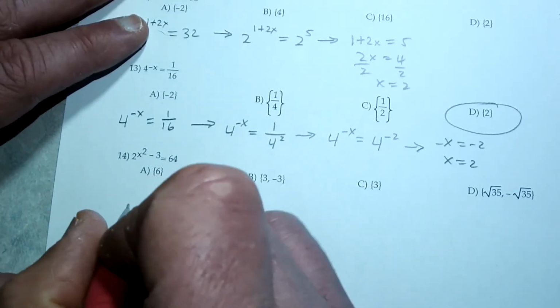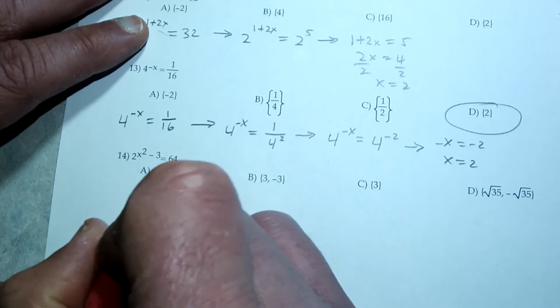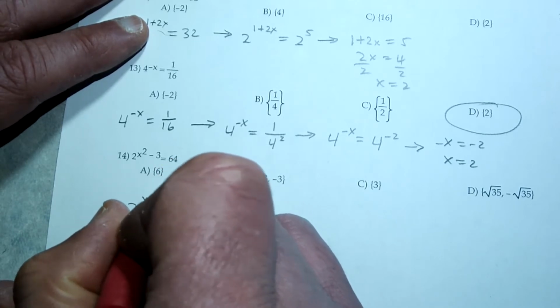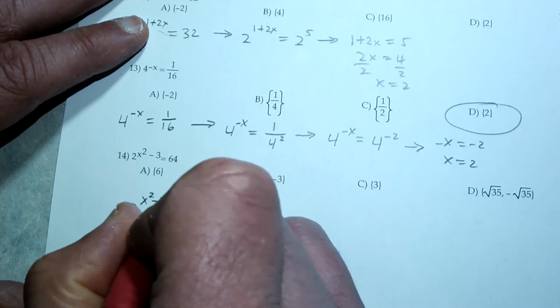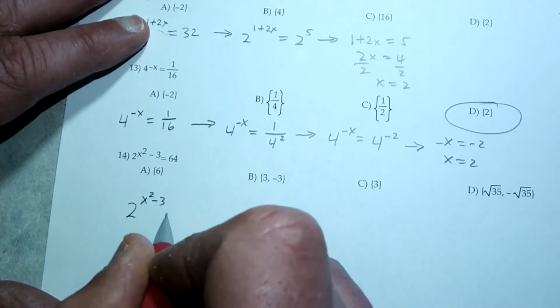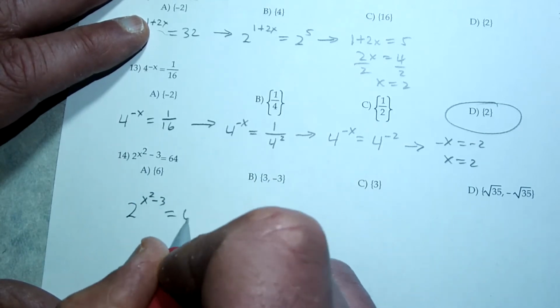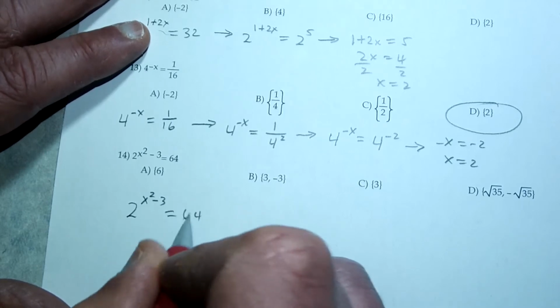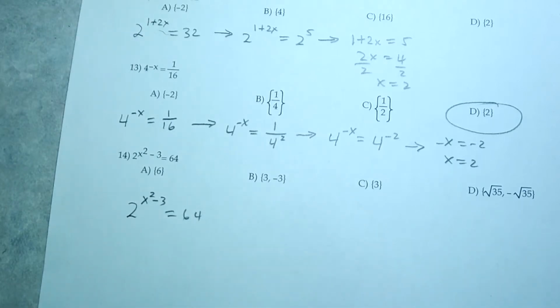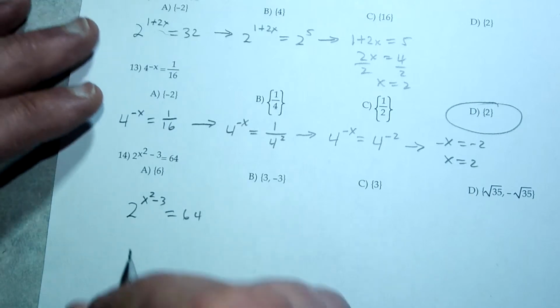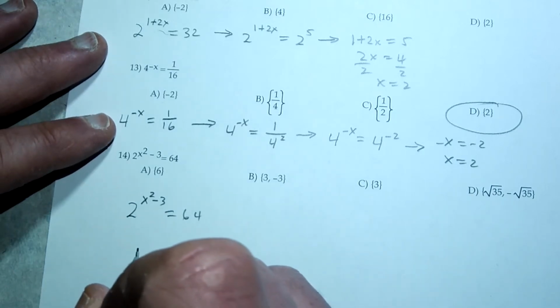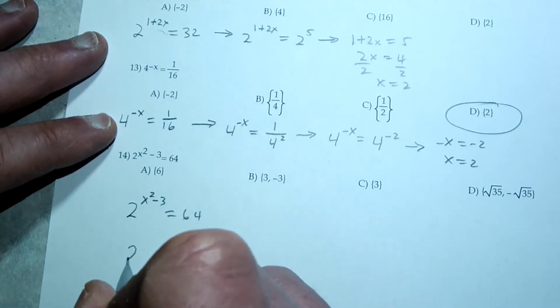So we're going to take a look here with 2. Again, this exponent is a binomial expression: 2 raised to the x squared minus 3 is equal to 64. My hope is converting 64 to a base of 2. And it does turn out 2 to the 6th power is 64.